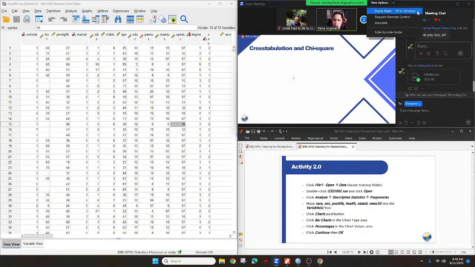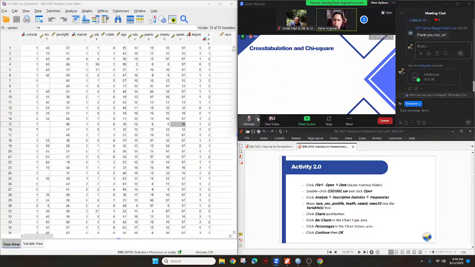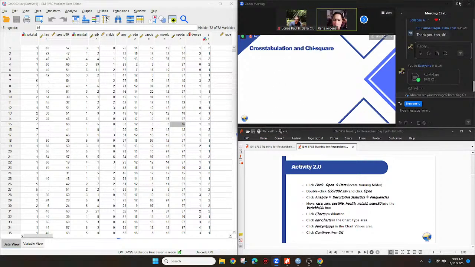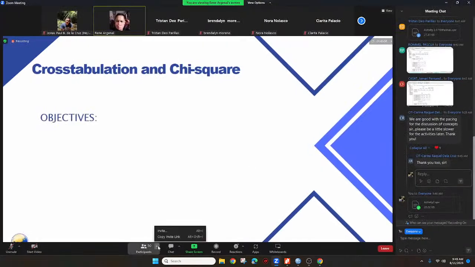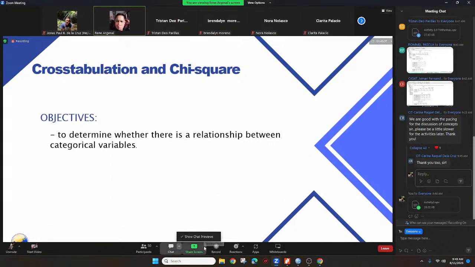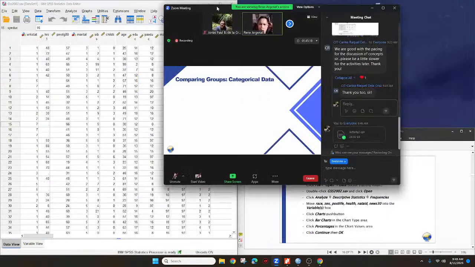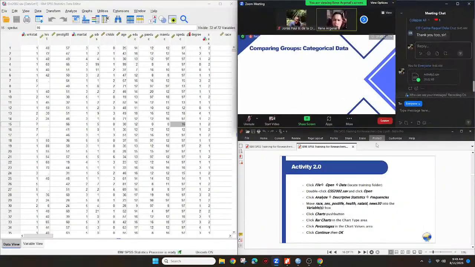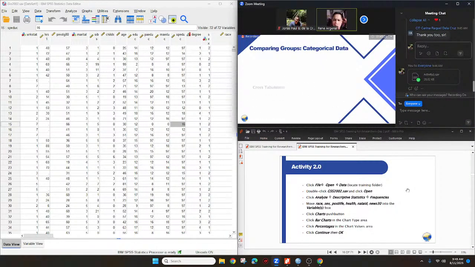When we talk about cross-tabulation, you have rows and columns, and your data are frequencies. The objective of this presentation is to determine whether there is a relationship between two categorical variables. Cross-tabulation is a basic technique used to examine relationships among categorical variables.